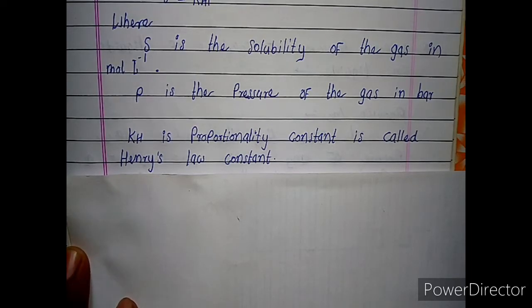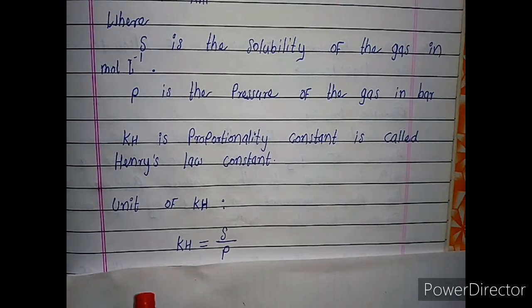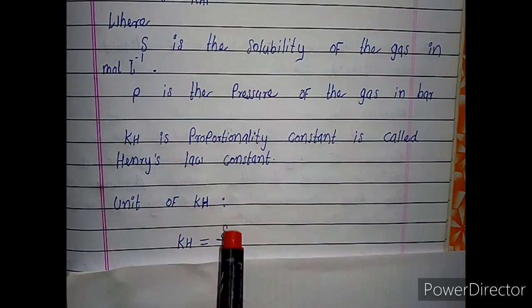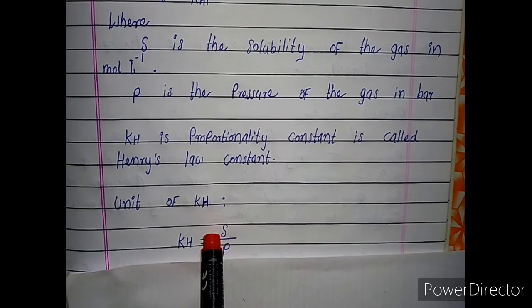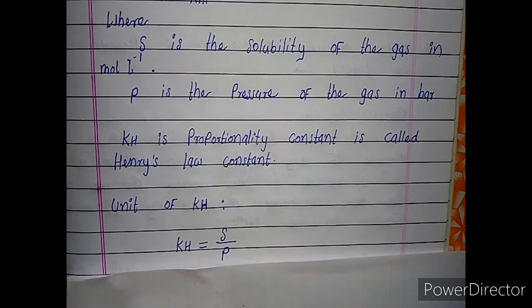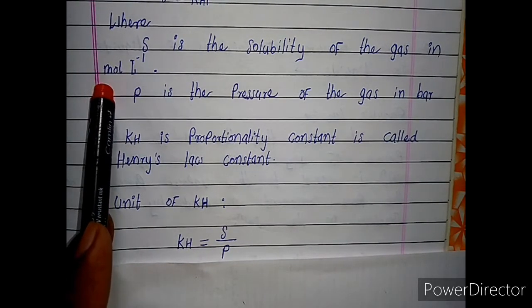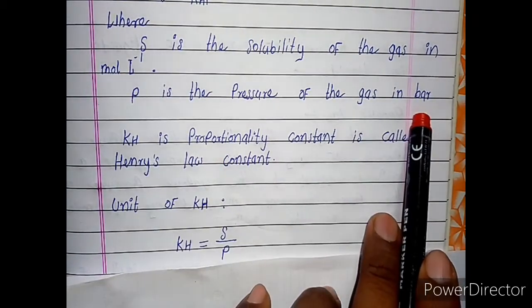Now the unit of KH, that is Henry's law constant. As we know, S is equal to KH into P. For the unit of KH, one can write the formula like this: KH is equal to S upon P. This is the solubility, P is the pressure. As mentioned, solubility is expressed in moles per liter and pressure in bar.